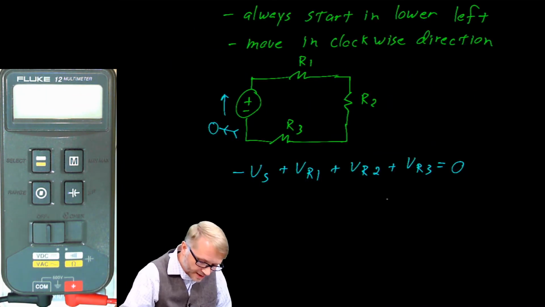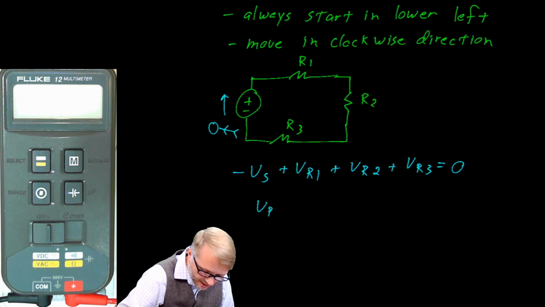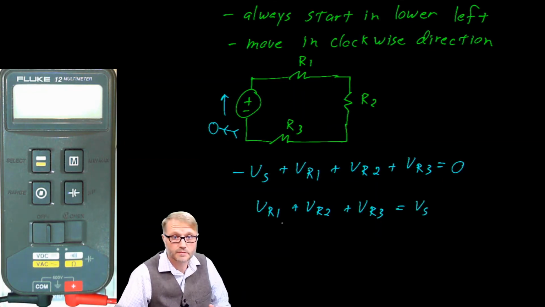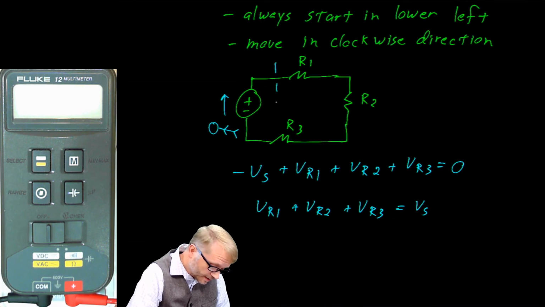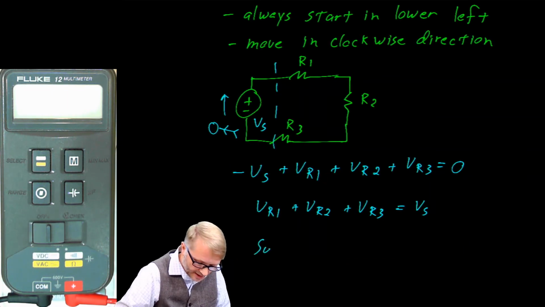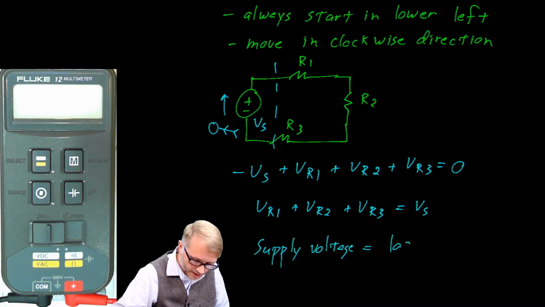And if you wanted to flip this around, you could say that VR1 plus VR2 plus VR3 is equal to V source, which is what we expected, right? Because we could say that the source, this is Vs, and all of this on the right side is V load. So supply voltage is equal to the load voltage.